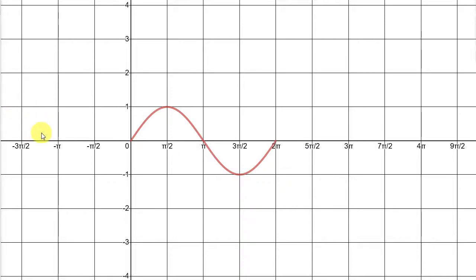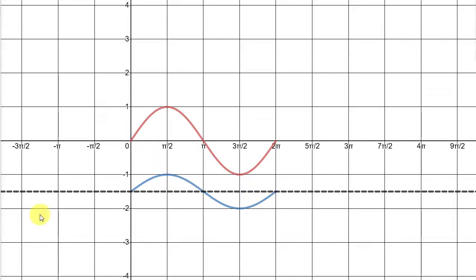And so now our graph, the base units for our 1/2 sine of x minus 3/2, is here in blue ink. The center line is at negative 3/2. So here it is, the line in the dotted black ink right here. And what we confirm, the first thing we confirmed was the center line was down at negative 3/2, which is right here. And the amplitude of this blue wave is only 1/2.